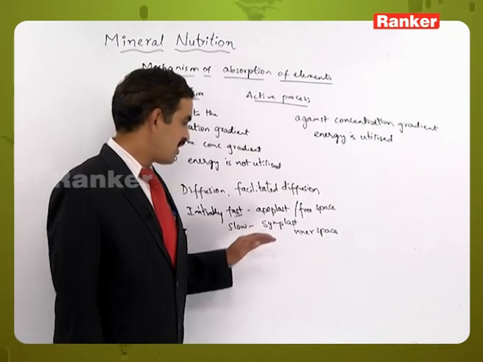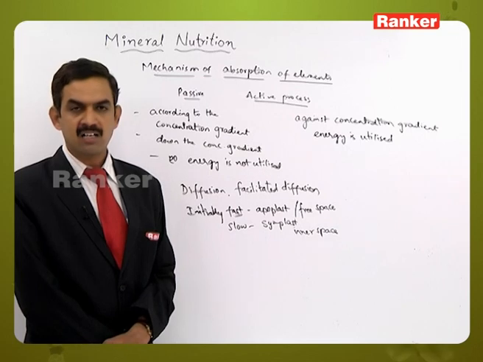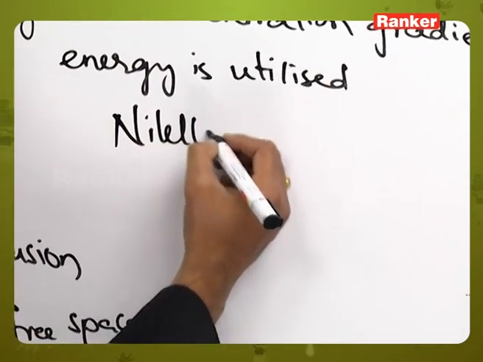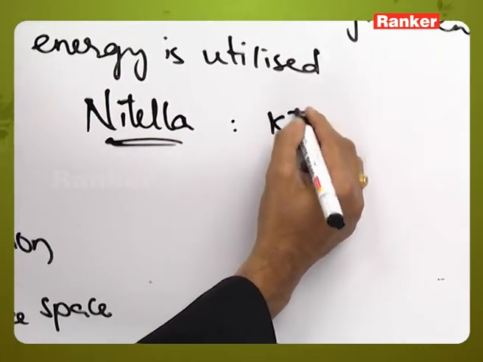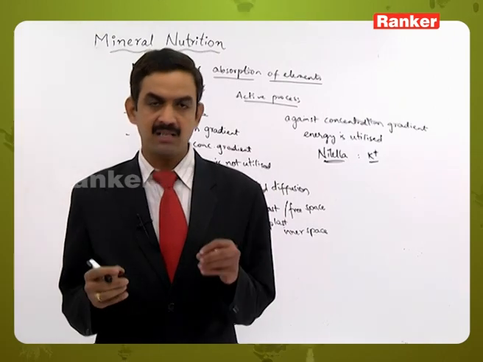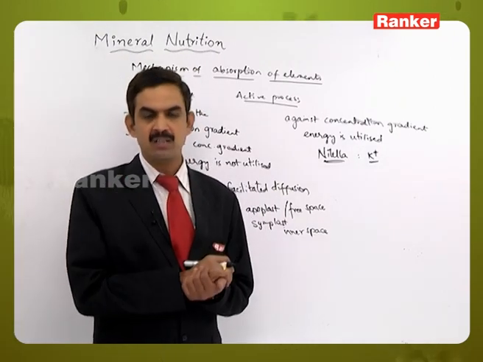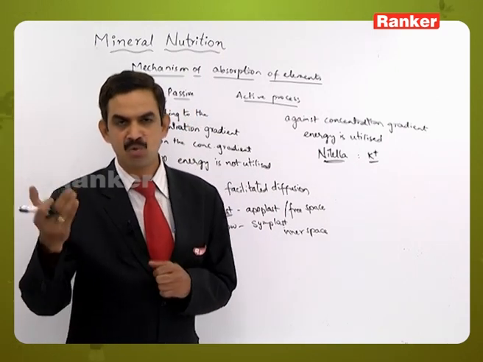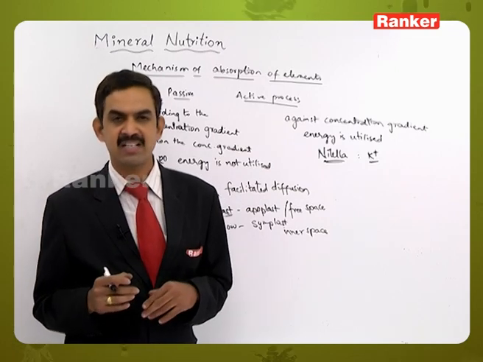Then let us take one example of an active process, where there is a plant called Nitella. Nitella contains an excess concentration of potassium ions inside the plant compared to the outer surroundings, but despite that, it keeps accumulating potassium ions inside the cells, that is, the ions move from the low concentrated outer surface to the high concentrated inner surface.